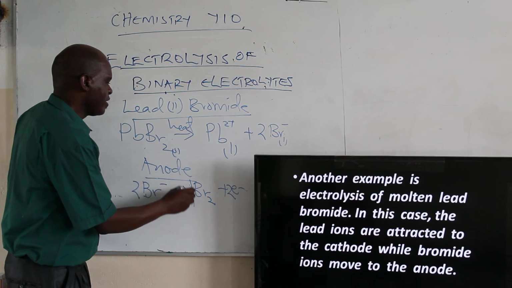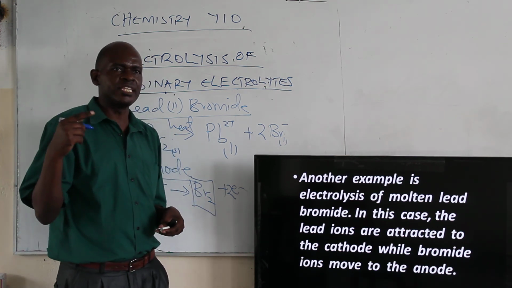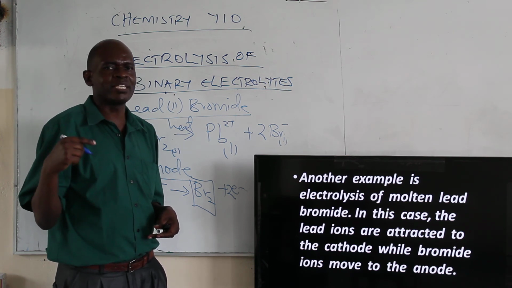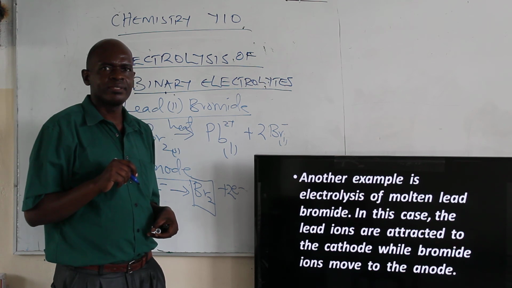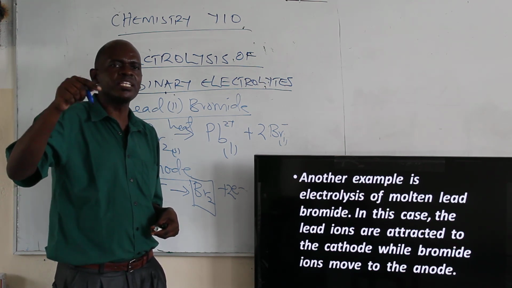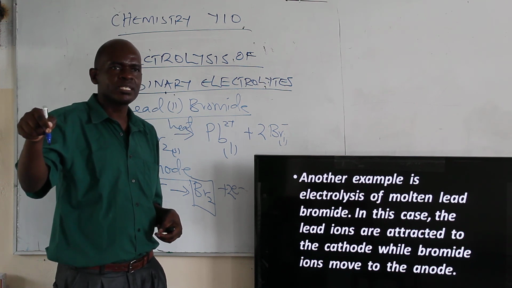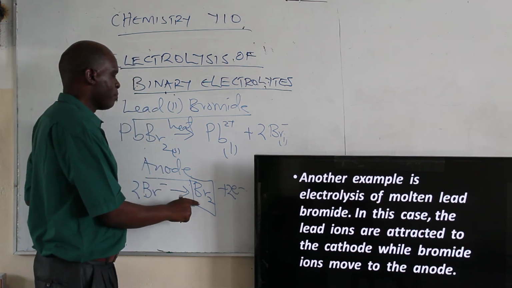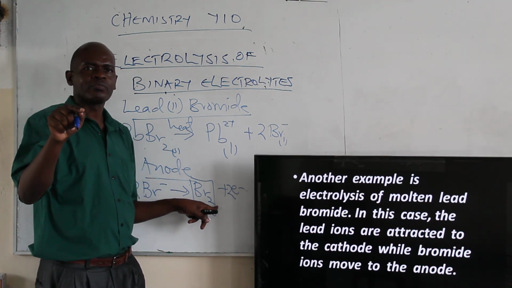Now, remember that the process of electrolysis of molten substances must only take place when the temperatures are extremely high. That means the substance must continuously remain in a molten state so it can continue being decomposed, implying that the bromine formed must be in vapor form.